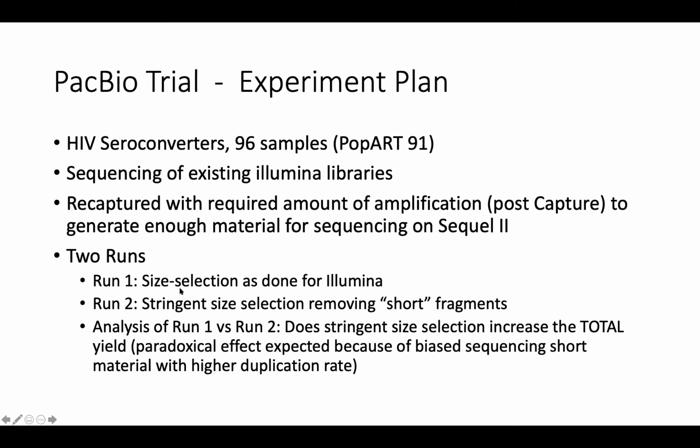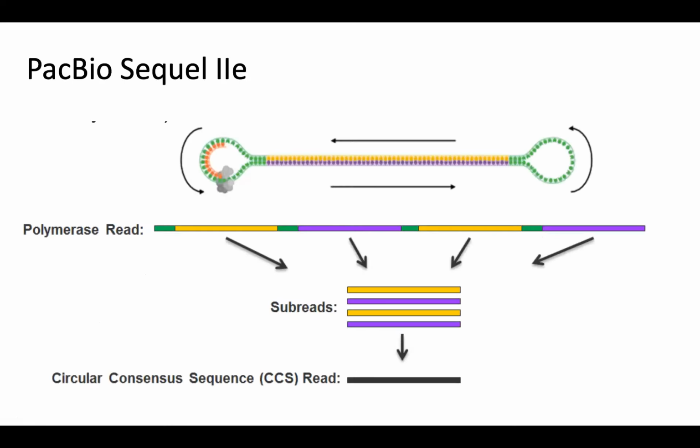PacBio is useful because it can generate longer reads, longer sequences than what we're used to, so we attempted various ways of improving the size distribution of what we sequence. The PacBio instrument is known to generate long reads. It's also known to generate long reads with error, similar to nanopore sequencing.